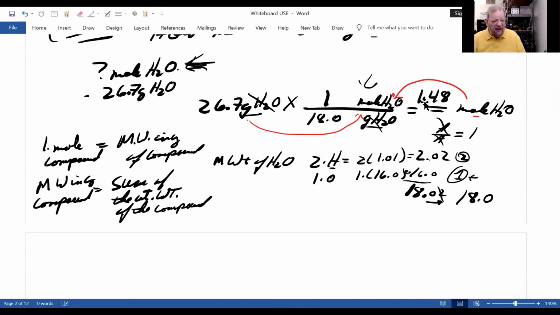That would be MW, molecular weight. Which part? Let me go through it again. One mole of a compound equals the molecular weight in grams of the compound. Wait, I have a question. Go for it.